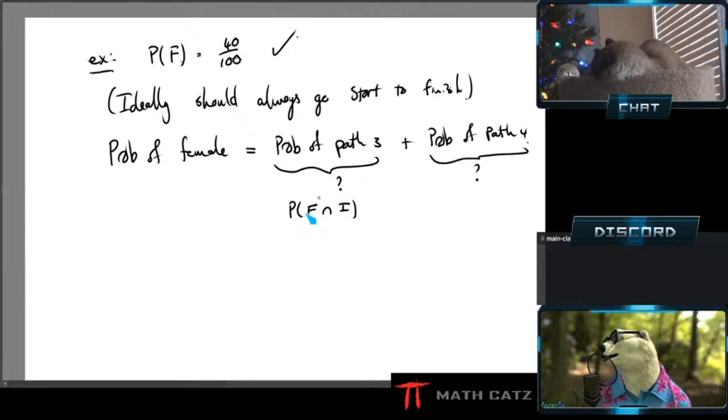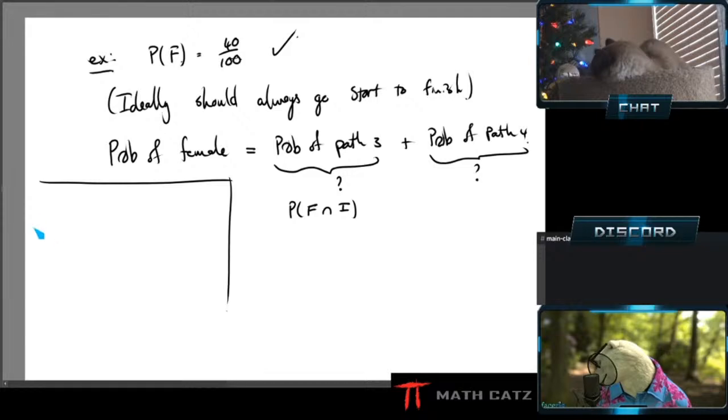How do I find this probability? Well, if I go on the side here and remember the definition of a conditional probability we've seen a couple of times now, call it the definition, call it the formula, whatever you want. It's the intersection of the two over the probability of the given one. Now I can swap these around, right?